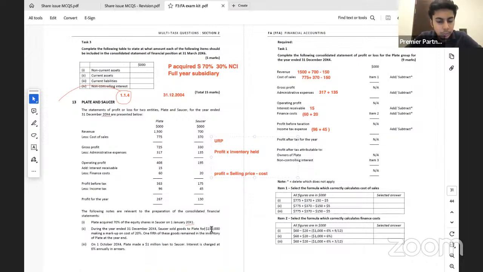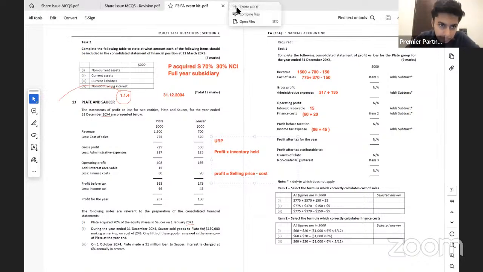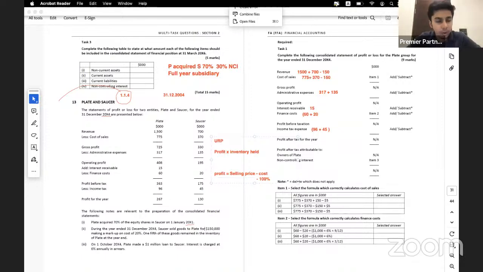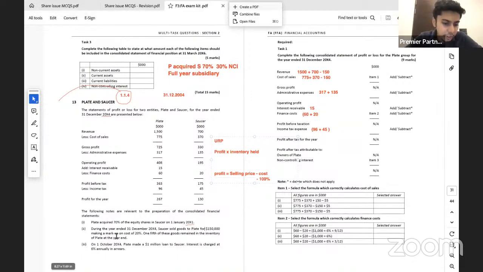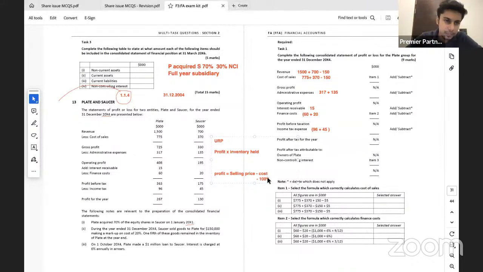Saucer sold goods to Plate for 150,000, making a profit markup of 20%. Okay, now guys, listen carefully. In accounting, when someone uses markup, we assume the cost as 100%. That's something I think you would have been taught in your theory class. If the organization is using a markup, we assume the cost is 100%.